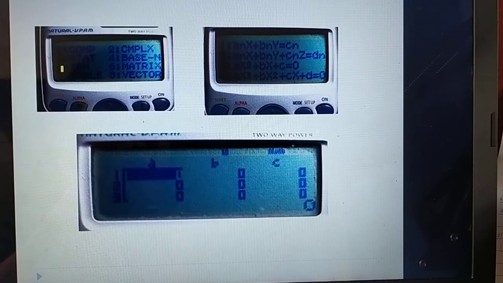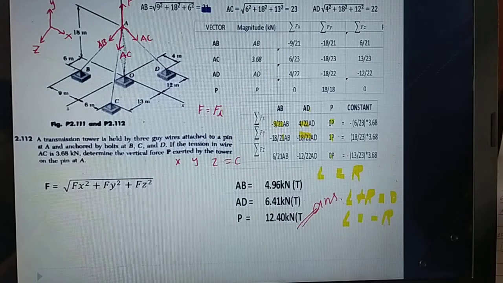So just select equation 5, and then when you press the equation 5, you can proceed to 2, having three unknowns x, y, z equals constant. So this is the display, and you enter all the data that we gathered.